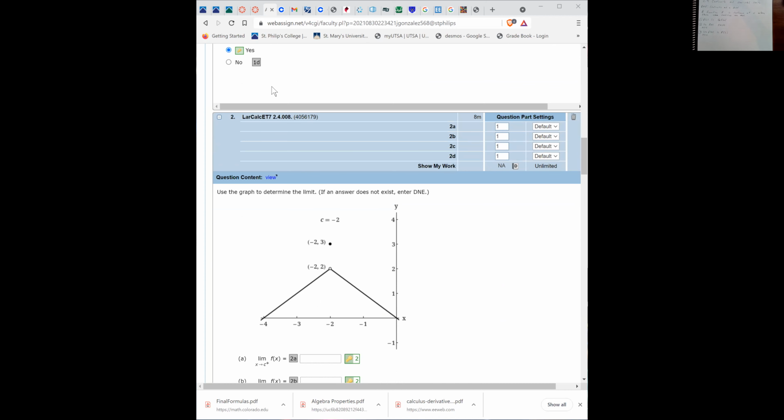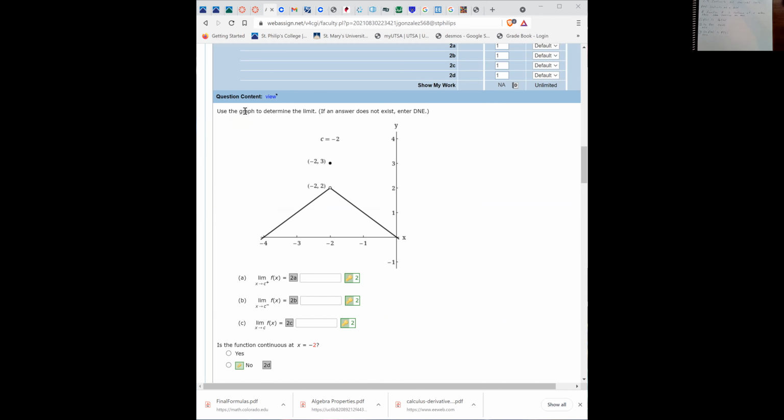Okay, moving on to number 2 then. Number 2 says use the graph to determine the limit. Now, notice there is a hole this time, right? Can you see the hole? Yes. So that means it fails number one.